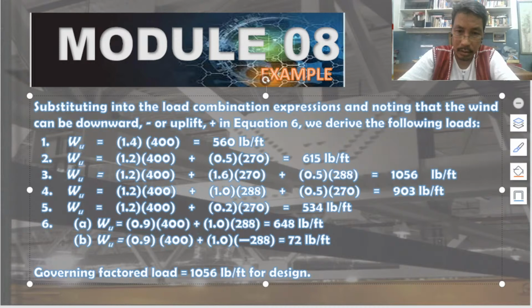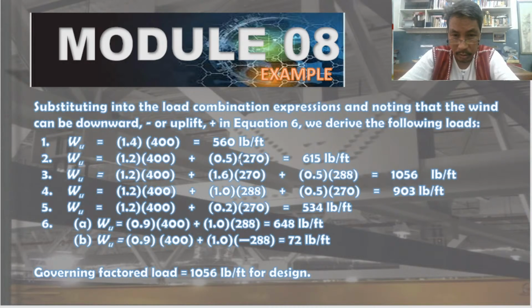So that is the difference between equation 2 and 3. And equation number 4, 1.2 dead load plus 1 times wind load plus 0.5 roof live load. So that is equal to 903.